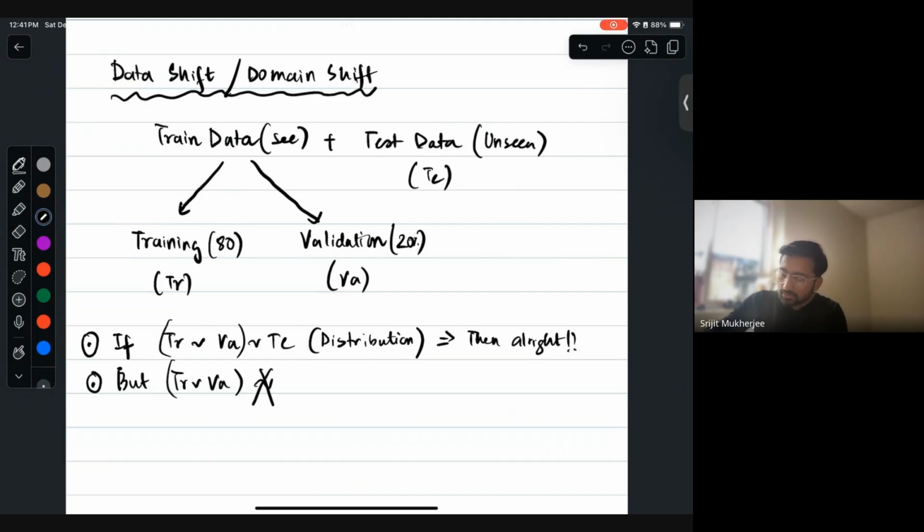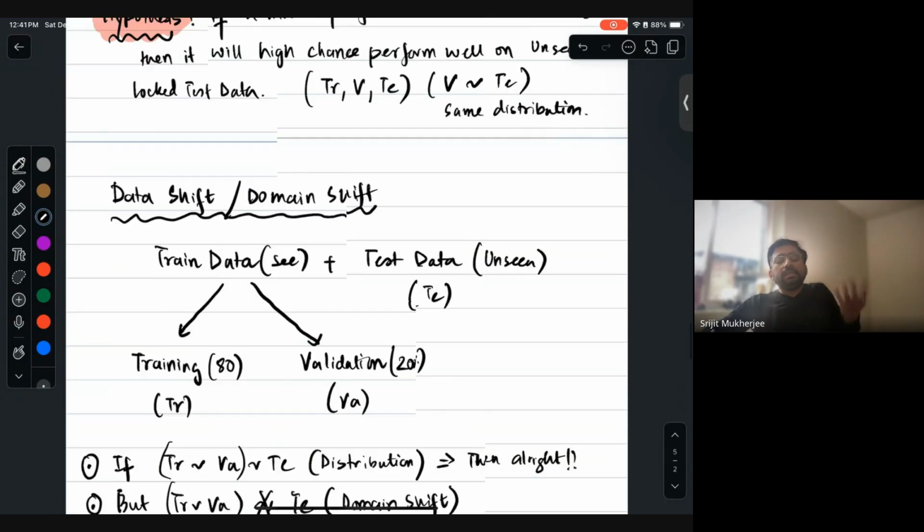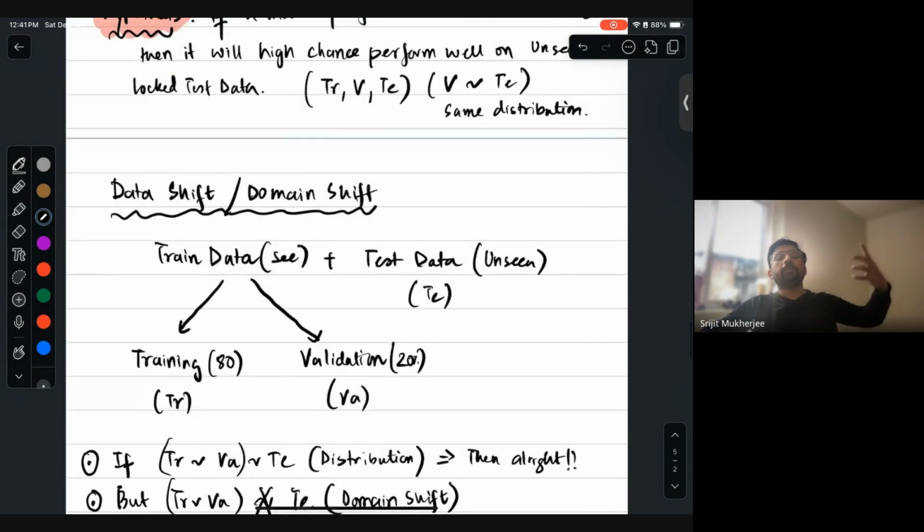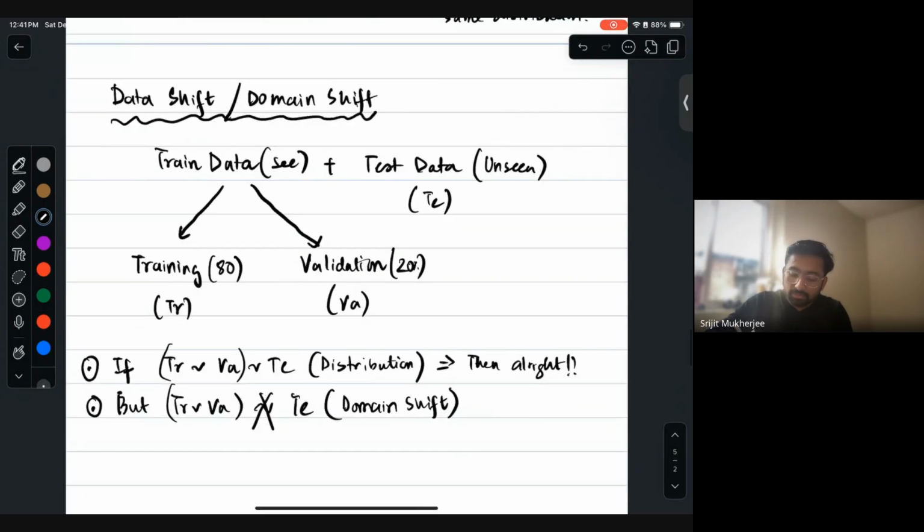If that is not the same as the test, then it's called domain shift. For example, you take an image from one company's MRI machine and another image from another company's MRI machine. They may have some different ways and issues. So you have to always look at this by inspection.